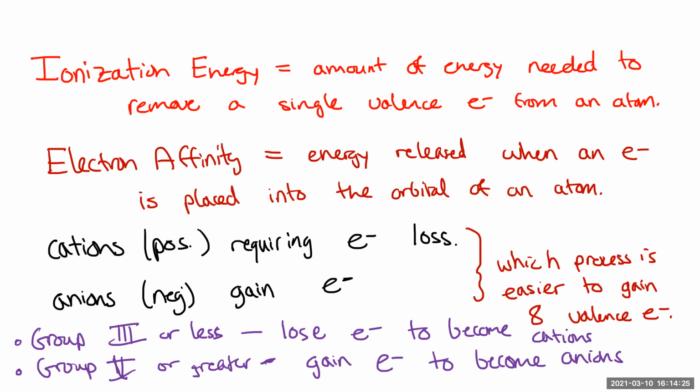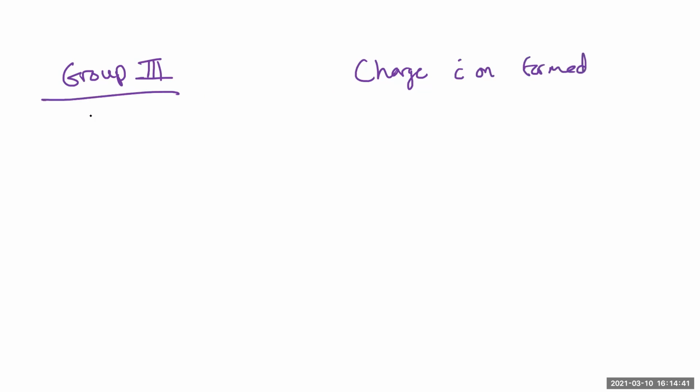So therefore, you see the general trend of group number versus charge of the ion formed. Groups 1, 2, 3, we'll skip group 4, group 5, 6, and 7.